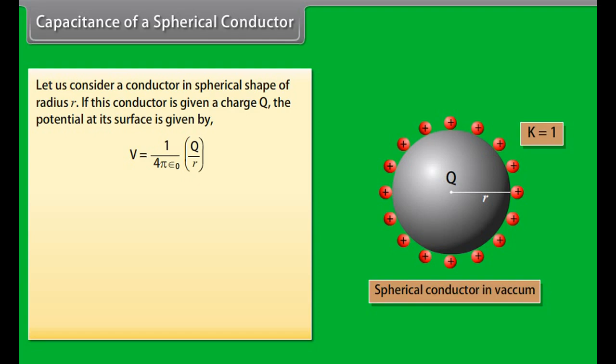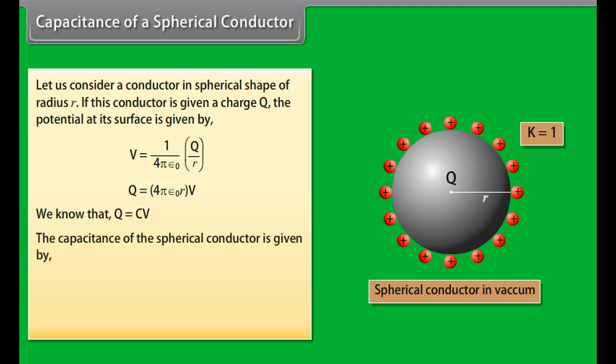It can be written as Q is equal to the product of 4 pi epsilon not r and V. We know that Q is equal to CV. On comparing the above equations, the capacitance of the spherical conductor is given by C is equal to 4 pi epsilon not r.